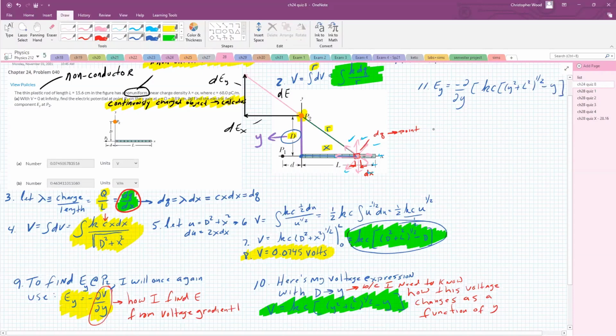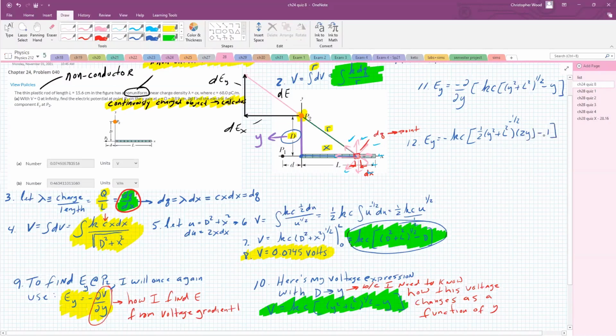Okay, so I know how to do that. This is power rule. So E sub Y equals negative K_C. I can pull that out. Negative K_C times 1/2 times Y squared plus L squared to the negative 1/2 times 2Y, minus 1.